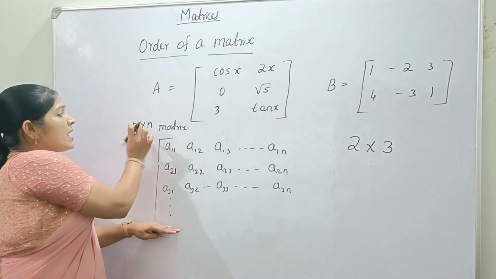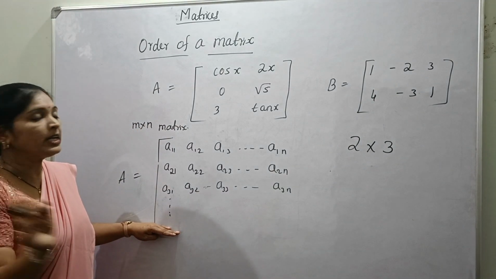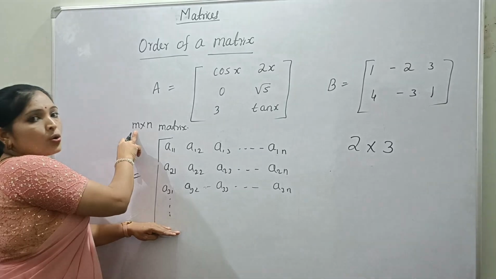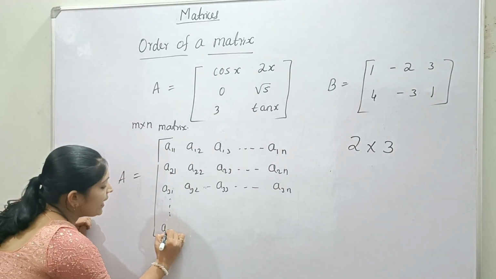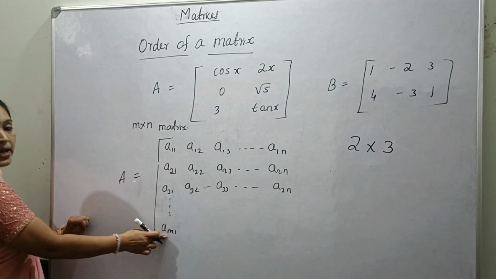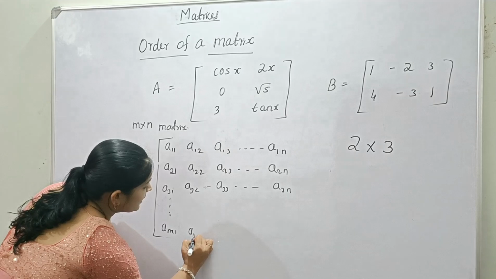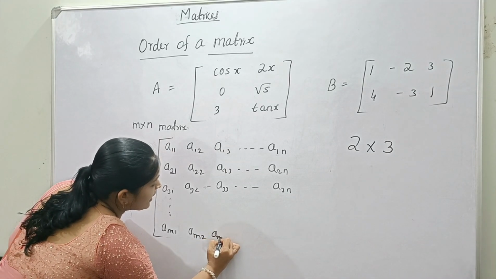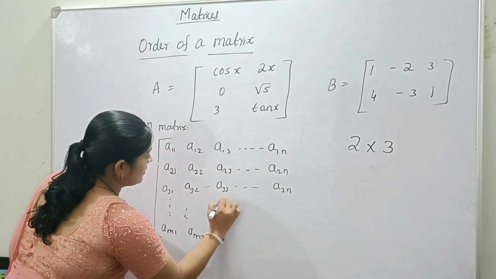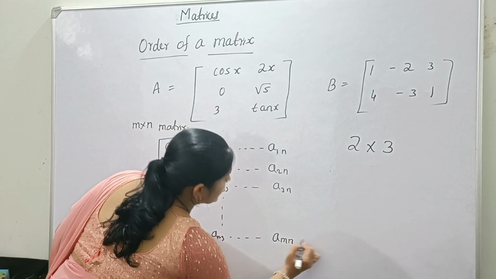Since it is an m by n matrix, we know that the first number represents the number of rows, right? So it has m rows, therefore it is Am1, Am2, Am3, etc. Amn.